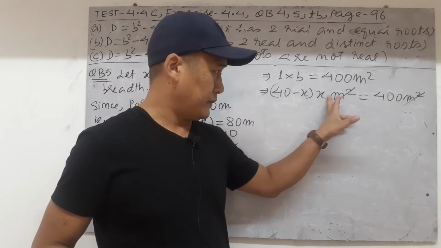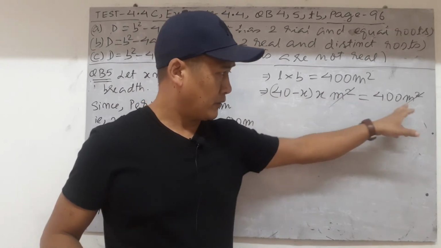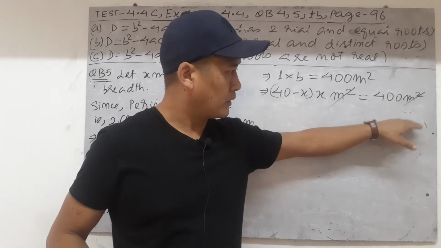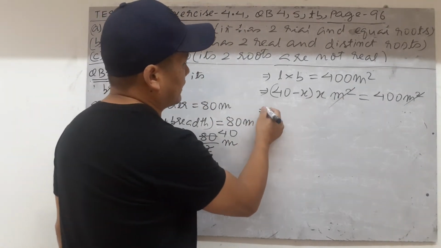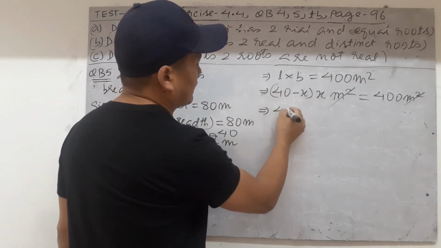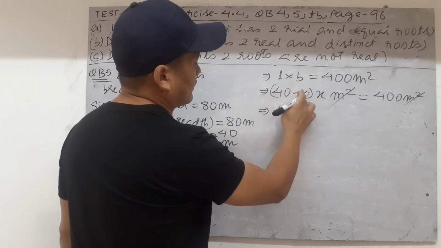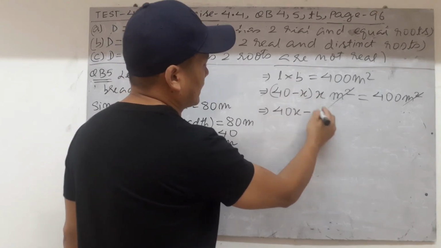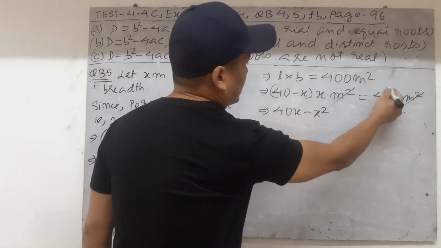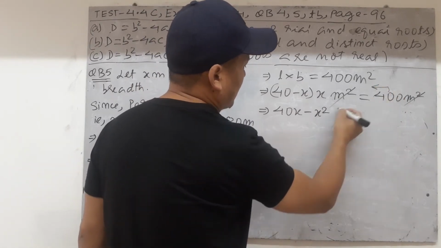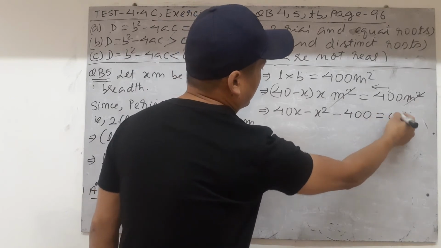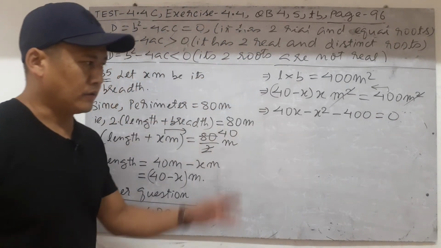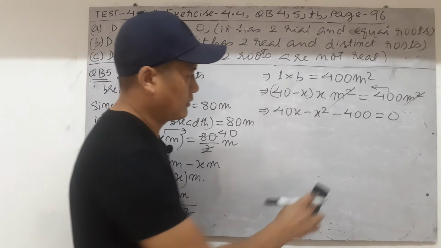Now we multiply: x into 40 is 40x, and minus x into x, x square. Bring this 400 to the left side from right side, the sign will change to minus 400, equal to 0.